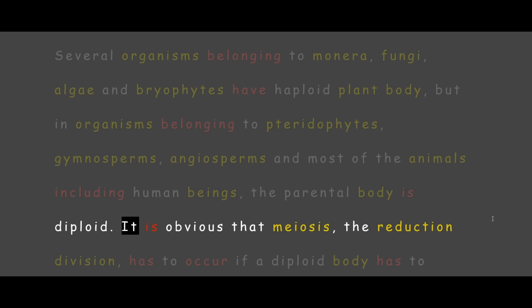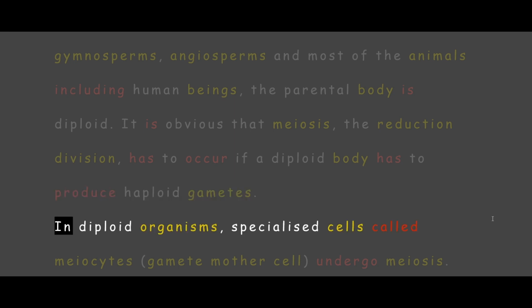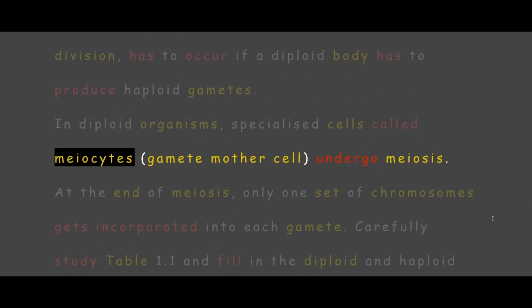It is obvious that meiosis, the reduction division, has to occur if a diploid body has to produce haploid gametes. In diploid organisms, specialized cells called meiocytes, gamete mother cells, undergo meiosis.